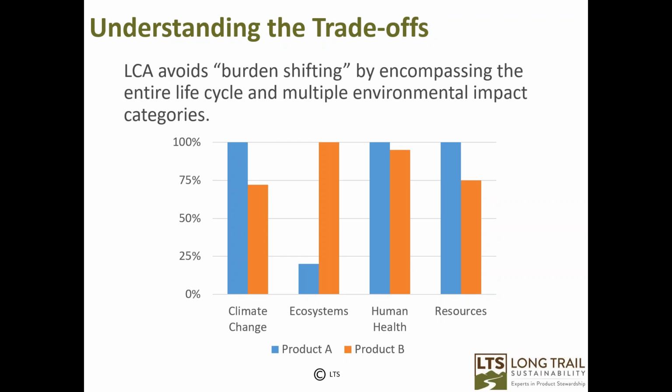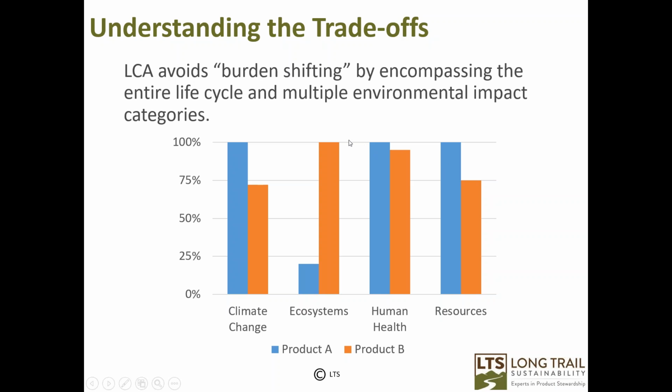An LCA avoids burden shifting by encompassing the entire life cycle and multiple environmental impact categories. In this graph, the results are linearly scaled by assigning 100% to the highest value in each impact category. So you'll see that product A has more impacts in climate change, in human health, and resources.